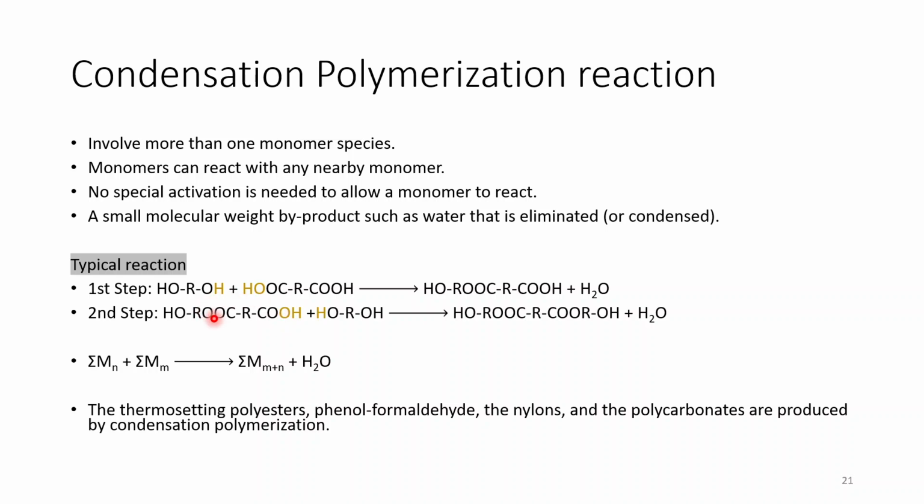In the second step, this chain will again keep on reacting with the other monomers and keep on moving further. So this is the final reaction, how it can be written: Mn plus Mm forms M(n+m) plus H2O. The thermosetting polyesters, phenol formaldehyde, nylons and the polycarbonates are produced by condensation polymerization.